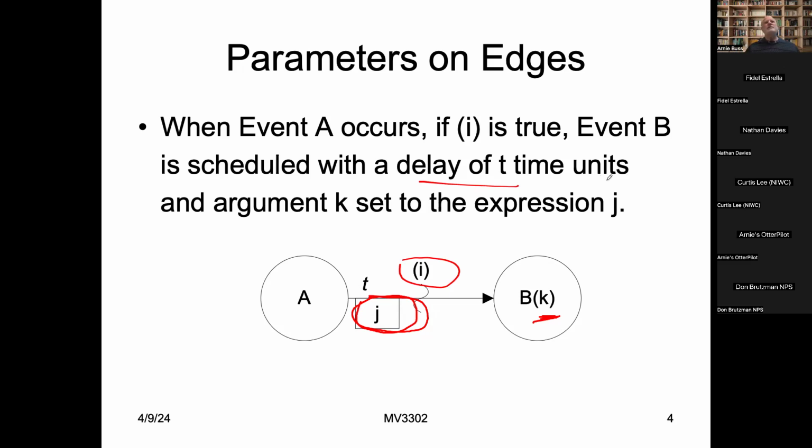Again, the default is 0 if it's not there. But when event B occurs, then its argument K is set to the value of the expression J when it was scheduled. I left off the "when it was scheduled," but that's implied, and I want to make it explicit.